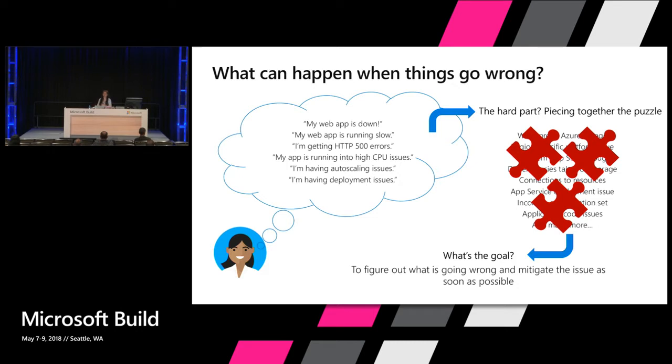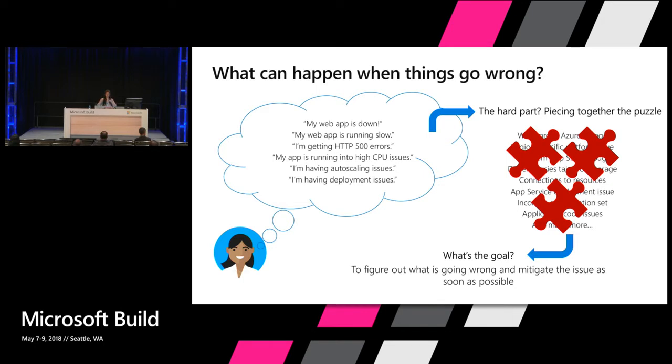It can be anywhere from Azure having an outage or an issue, all the way down to someone on your dev team accidentally checking something in and you didn't realize, and it's an application code issue. Those are the extremes, and there can be anything in between as well.